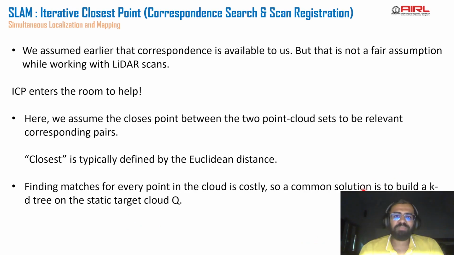Now, the problem which we had, which we didn't really want to get into till now, was the correspondence search, or the correspondence. So, is this really my index? Is this their index? That is a big problem. So that's where this technique called ICP, iterative closest point, comes into play. So here, we are assuming that we don't translate too much between two sets of point clouds.